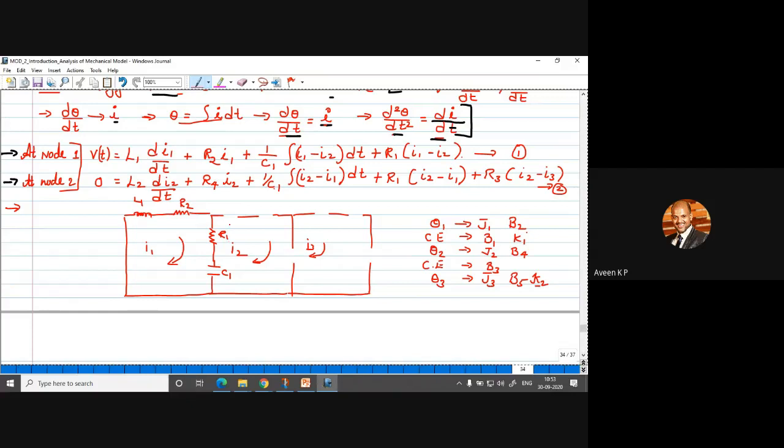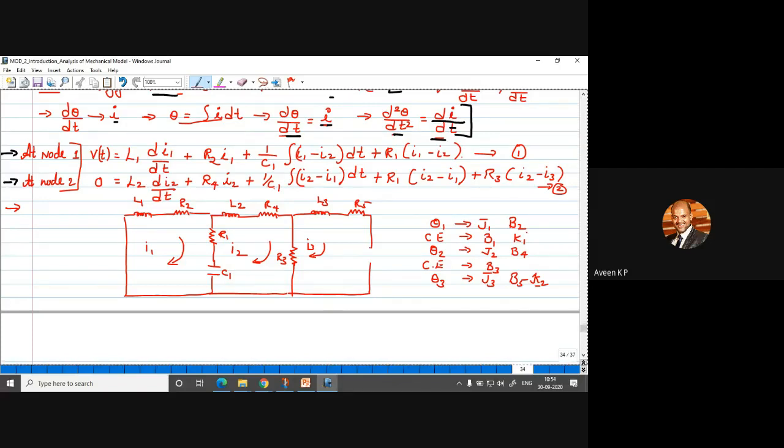Similarly here, L2 instead of J2, and R4 instead of B4, and the common element will be B3. Oh, sorry, B is nothing but resistance, so I need to represent that as R3, and here J3 will be replaced by inductor L3, and I will have R5. So you can represent one more element here that will be in series only.